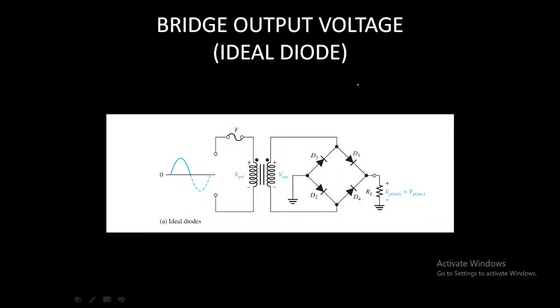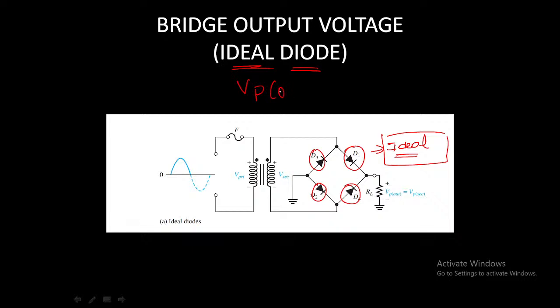Now, let's see the bridge output voltage when we consider the diode to be an ideal diode. Okay. So when D1, D2, D3, D4 are ideal, let's consider these diodes as ideal diodes. Then what happens? The output peak voltage, VP out, will be equal to VP secondary, that is the voltage which is present here at the secondary side of the transformer.